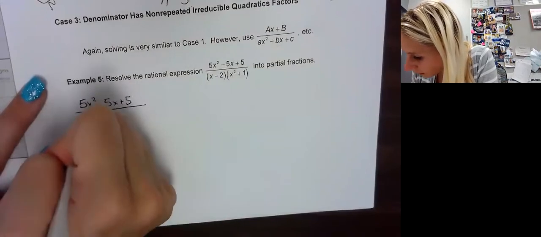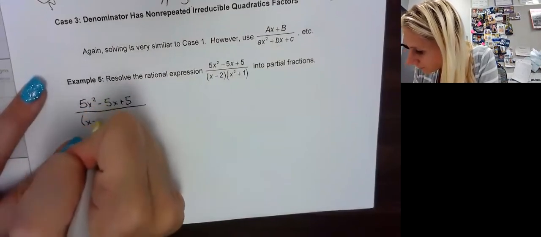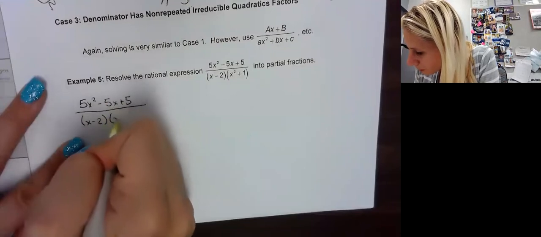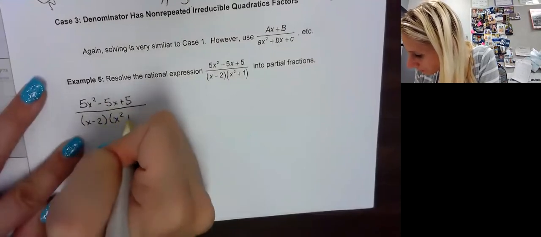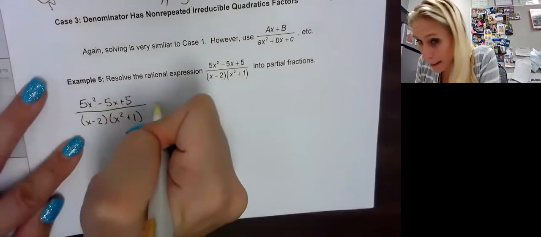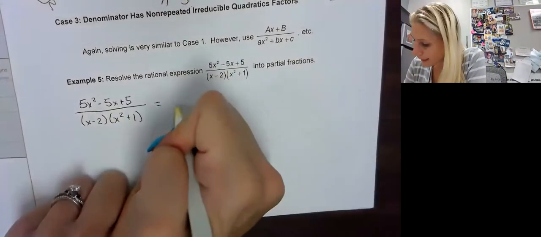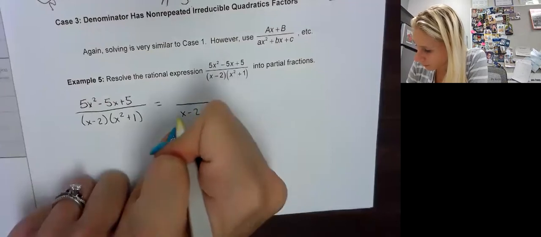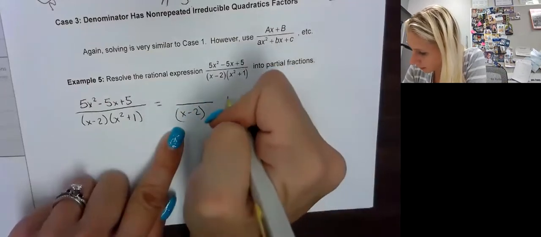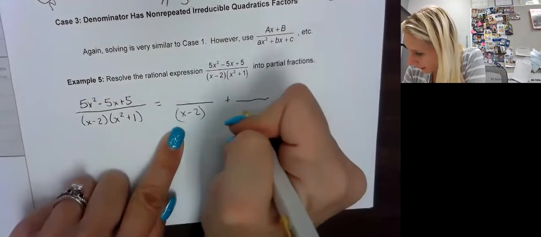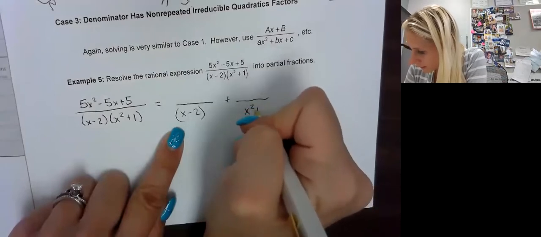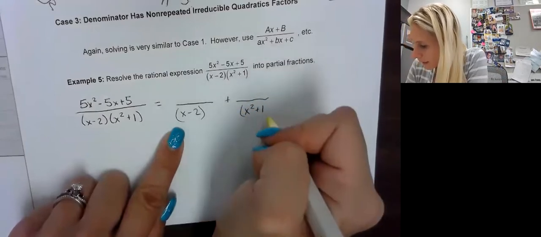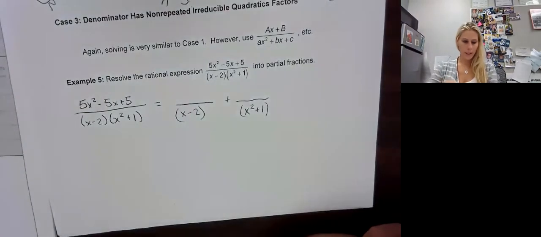If we're lucky, they'll always have it factored. So when I break this up, I'm going to do this step by step so you can see this. You see that I'm going to have an x minus 2 as one factor and an x squared plus 1 as another factor. You see that?